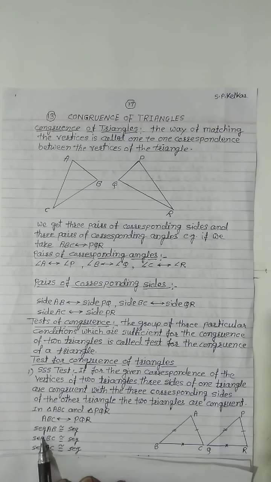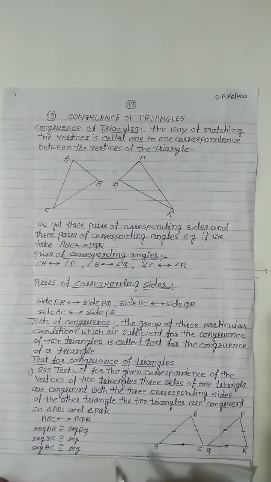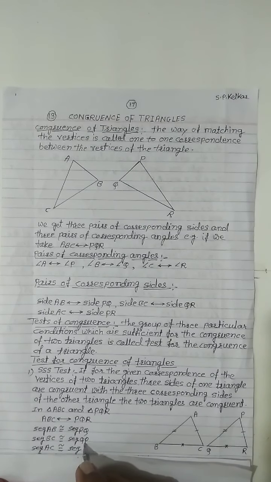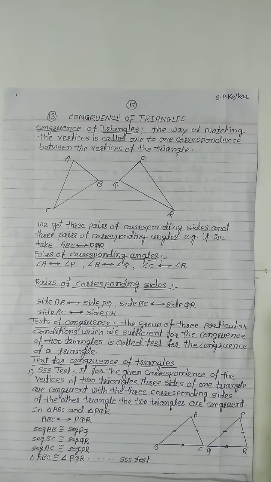We write segment AB congruent segment PQ, segment BC congruent segment QR, and segment AC congruent segment PR. Then we can say that triangle ABC is congruent to triangle PQR by the SSS test. In this way, we prove one of the tests, the SSS test.